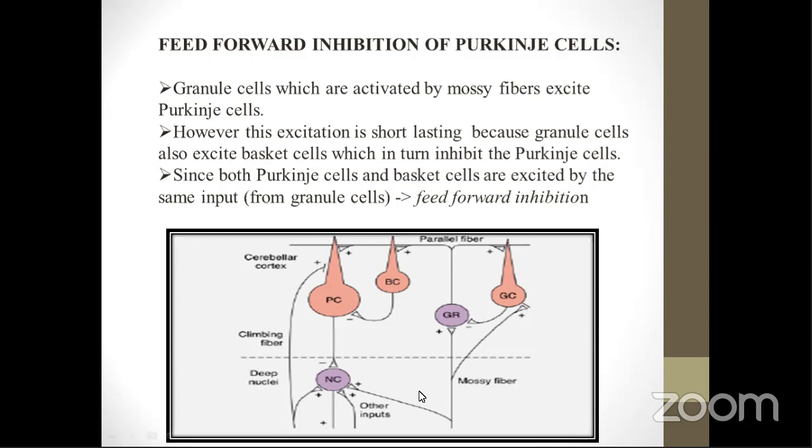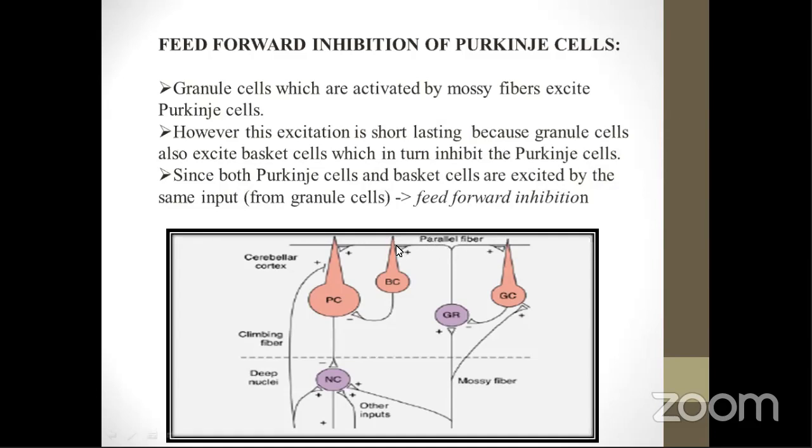As we have seen, these are granule cells, and how are they activated? The mossy fibers are going to connect to these granule cells and activate them. So these activated granule cells are forming the parallel fibers.